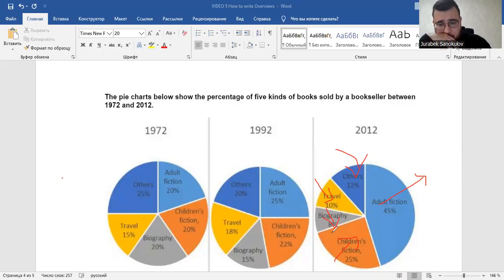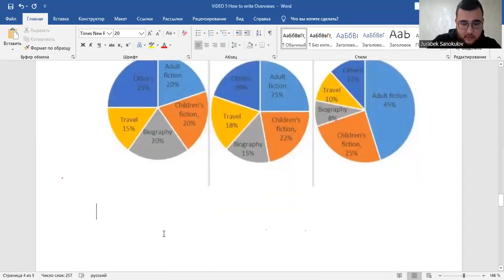Okay, that's the overview. So now let's write them down so that we will not forget. We will just turn them into a list like the previous one.